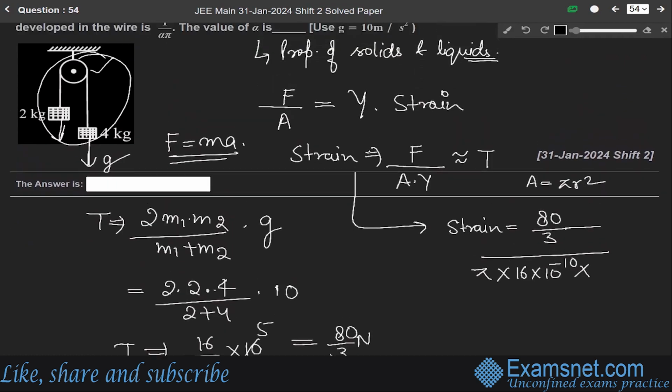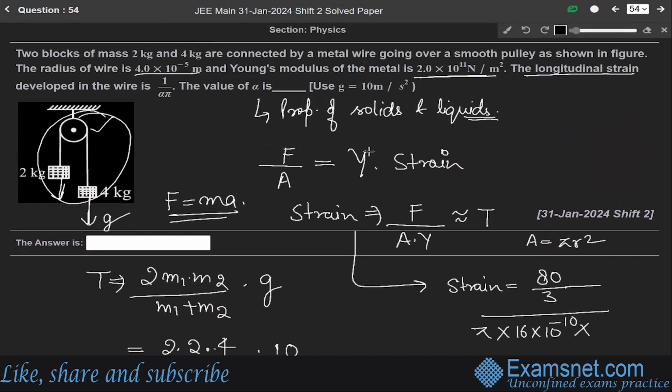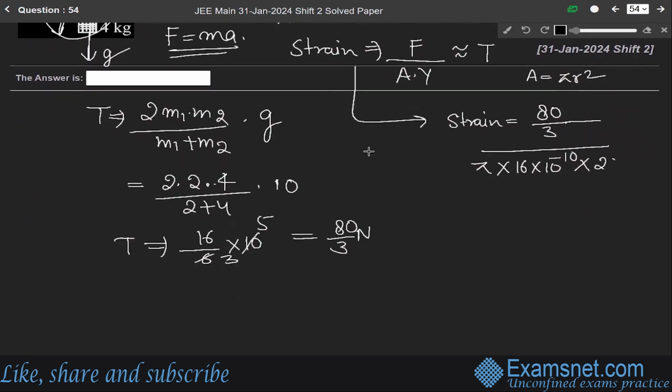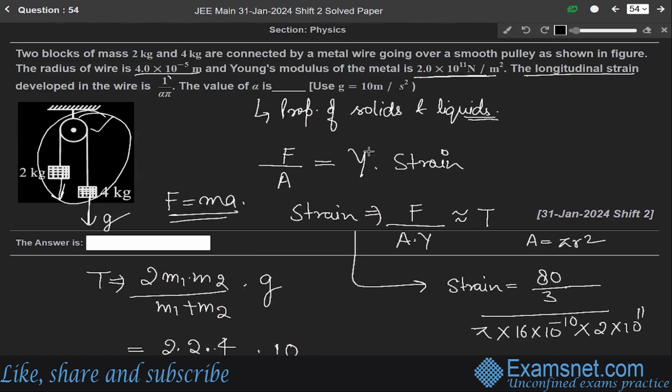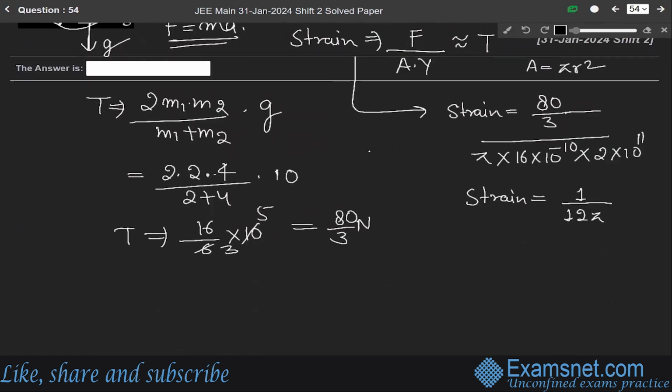Young's modulus is given as 2 into 10 to the power 11. So solving it, we get strain as 1 over 12 pi. Now comparing it with the given equation in the question, 1 over alpha pi equals 1 over alpha pi.